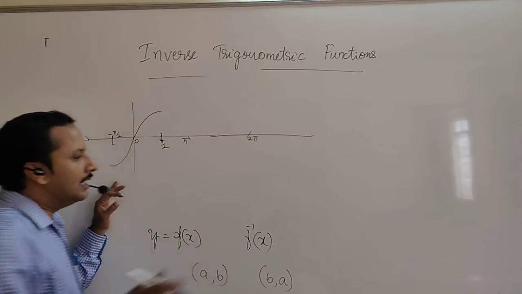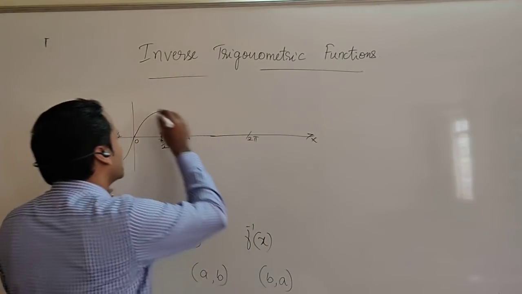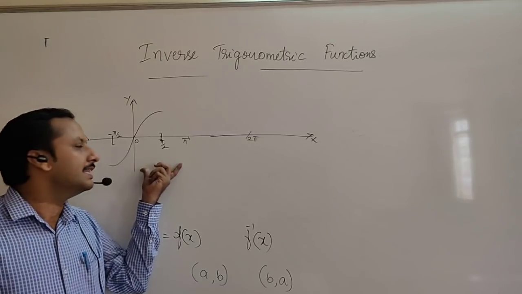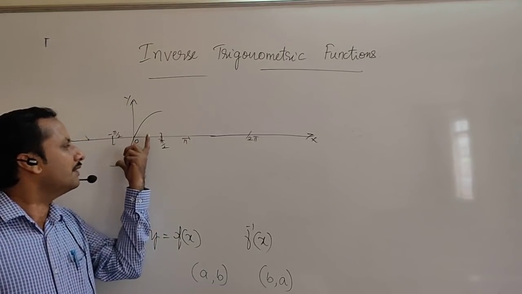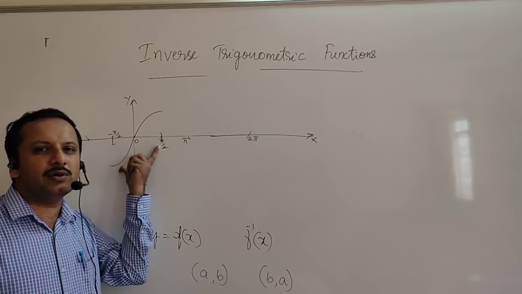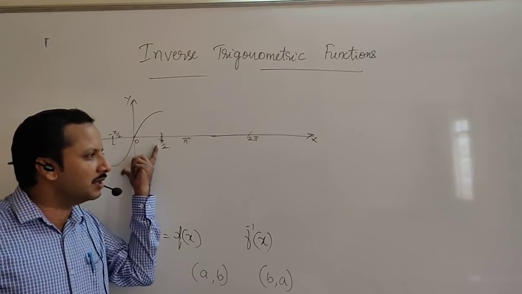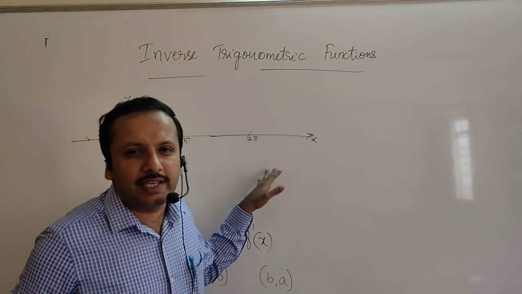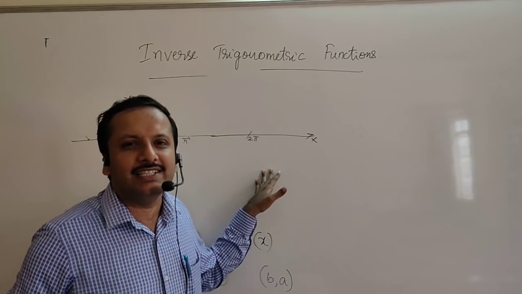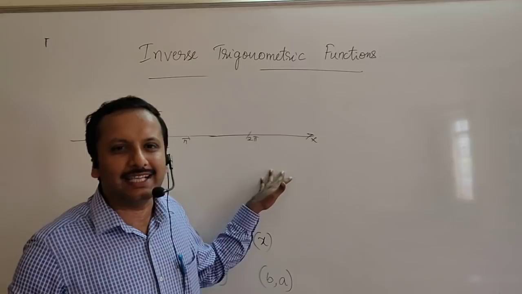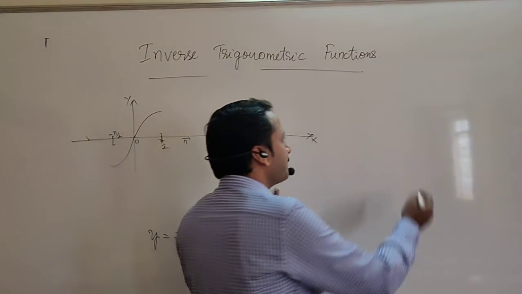Now, I would like to draw the graph of sine inverse x, which is the mirror image of the curve y is equal to sine x with respect to the line y is equal to x. In other words, to draw the graph of sine inverse x, you interchange the x and the y coordinates, or interchange x and y axis.